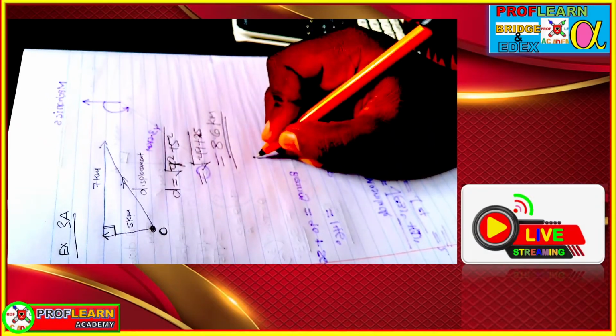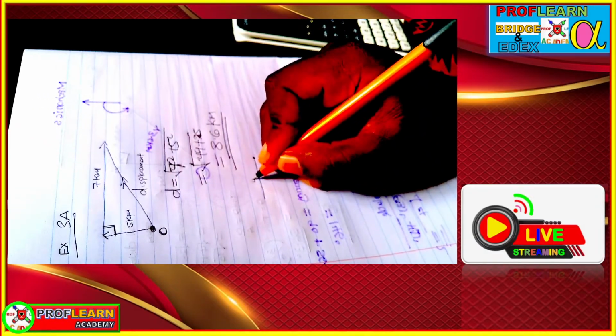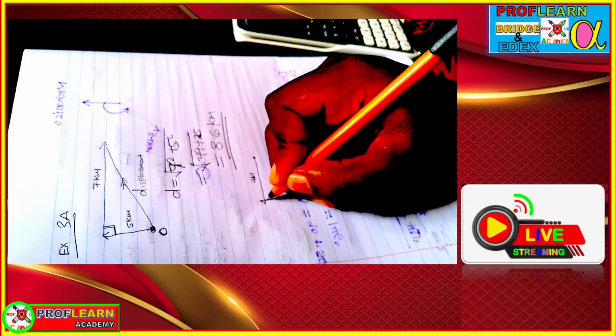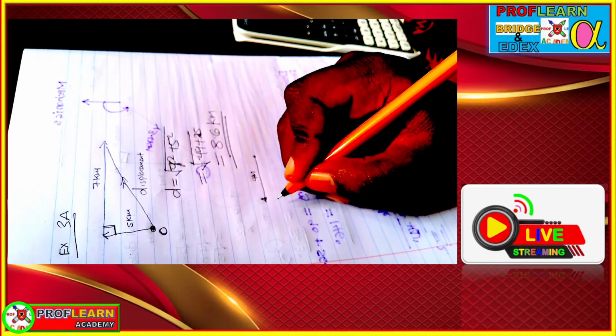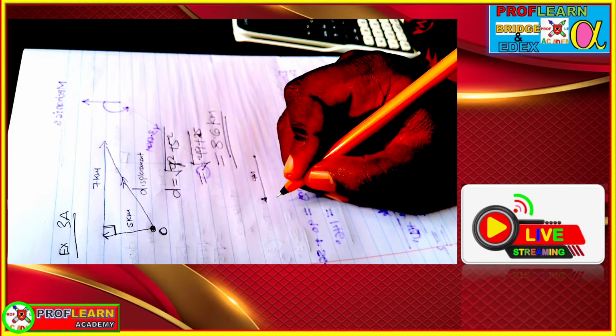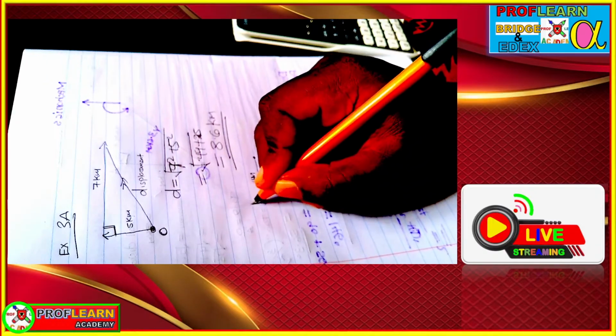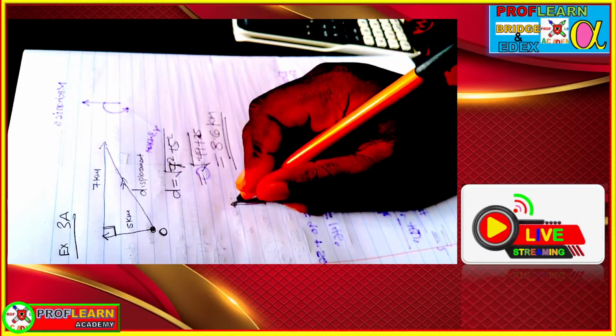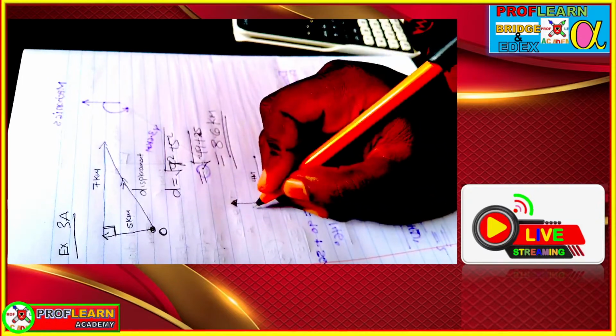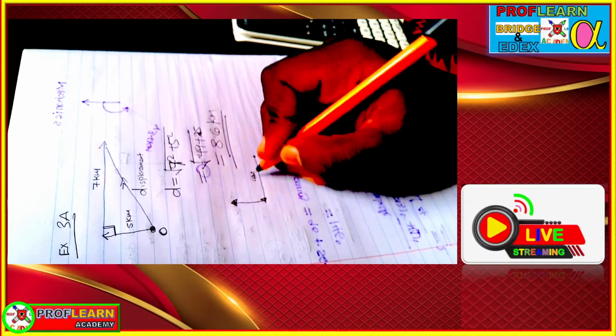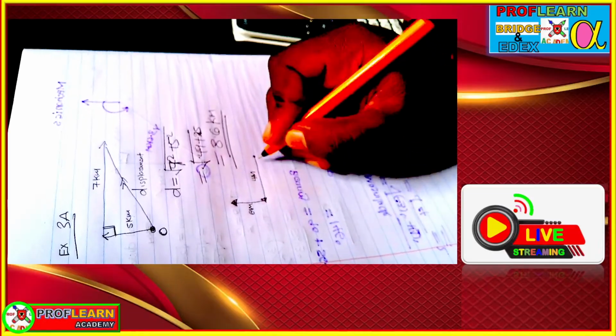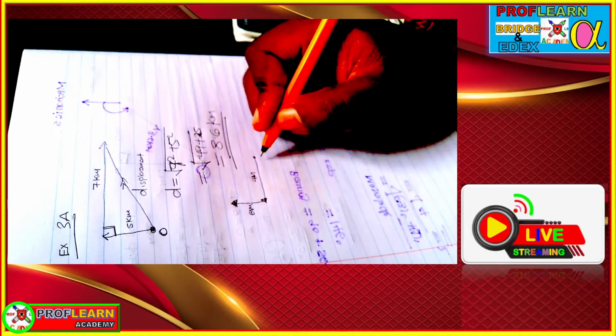So if this is the point, she cycles 4 kilometers to the west, and then 6 kilometers due north. This will go up that way.